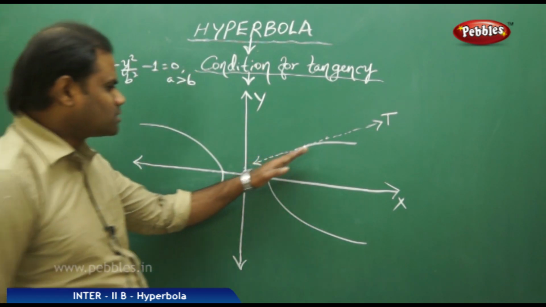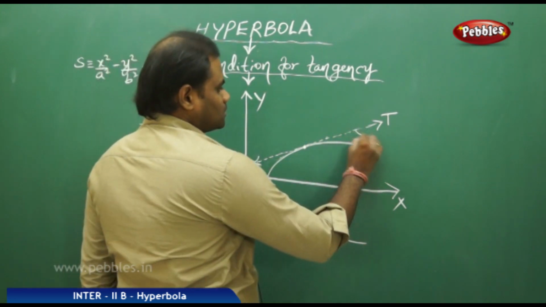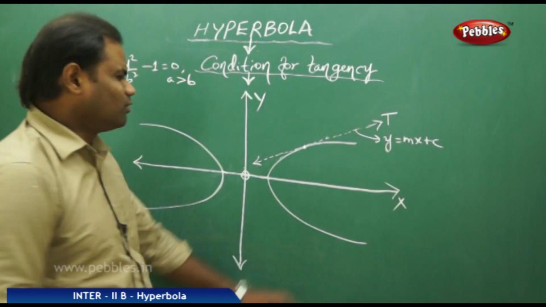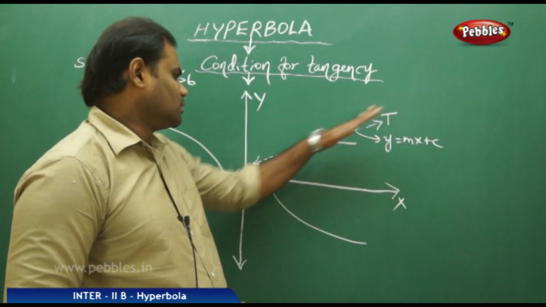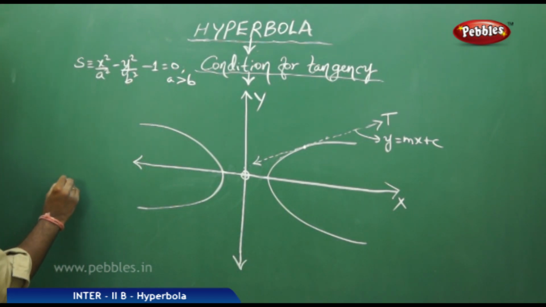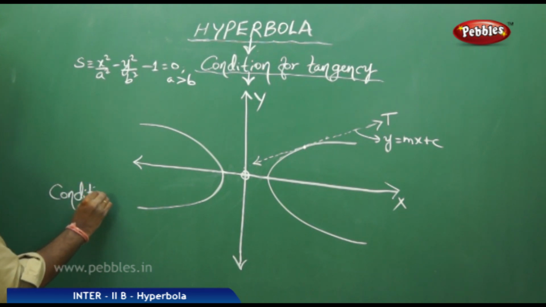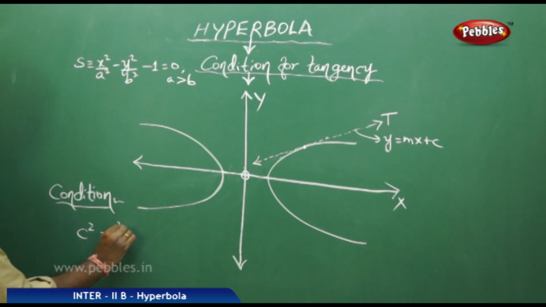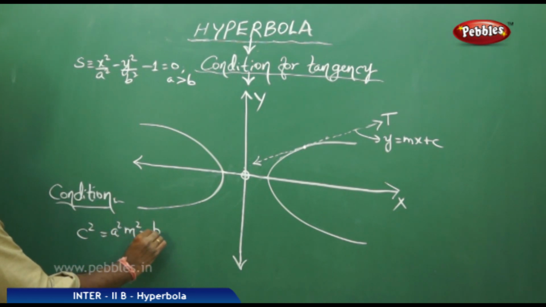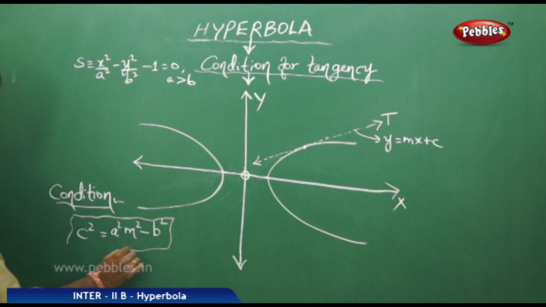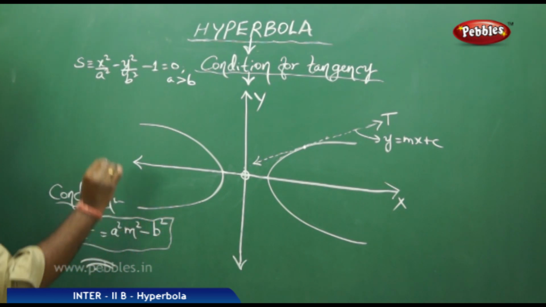Then the condition for this line y equal to mx plus c to be a tangent to the hyperbola is c square is a square m square minus b square.